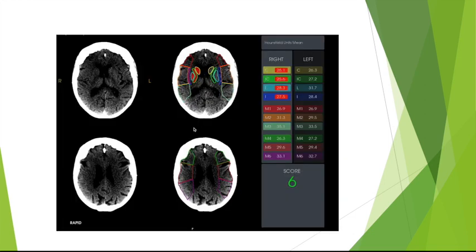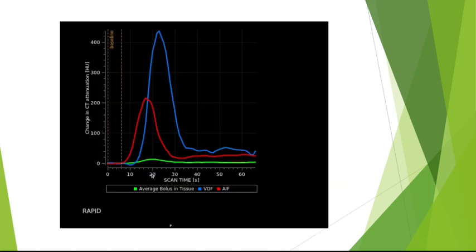And this is a screenshot of the results as displayed by the Rapid software. It tells you about the different areas that make up the ASPECT score, and if any of these areas is involved or affected. These are the time activity curves for CT angiogram as displayed by Rapid. This is the arterial input function. You can see this is the arterial curve, and this is the venous output function. This is the venous curve.